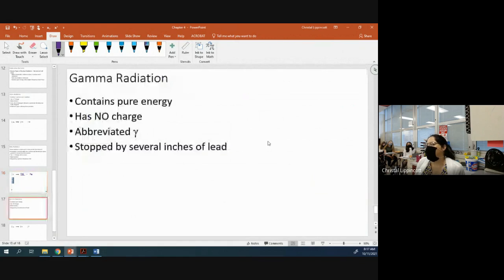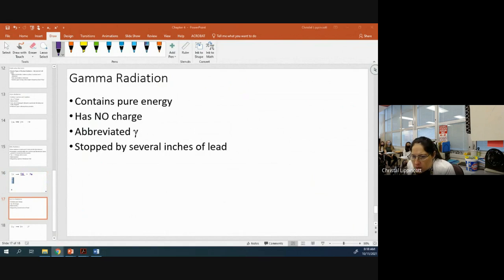All right, the last thing that we're going to look at today is gamma radiation. Gamma radiation is pure energy. Again, this is like your X-rays, your microwaves, your radio waves, those types of things. When we look at electromagnetic radiation, it is a spectrum.